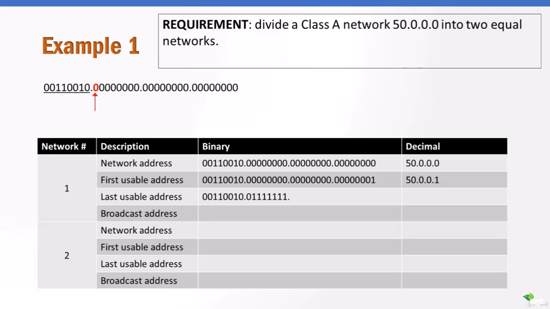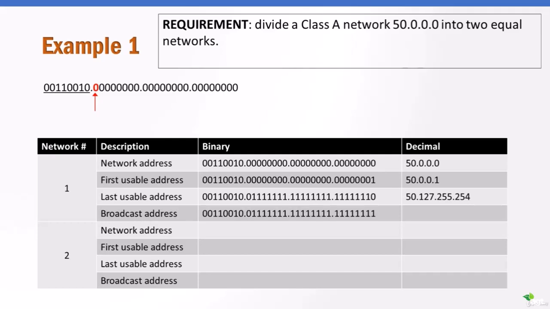So this is what that will look like. We copy the network portion, which are the first 9 bits, and then we use all ones, but the last bit is still going to be 0. And in decimal numbers, that's 50.127.255.254.